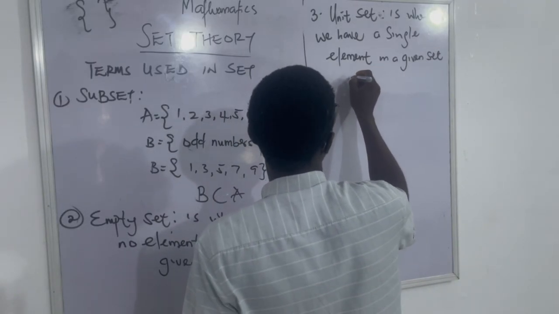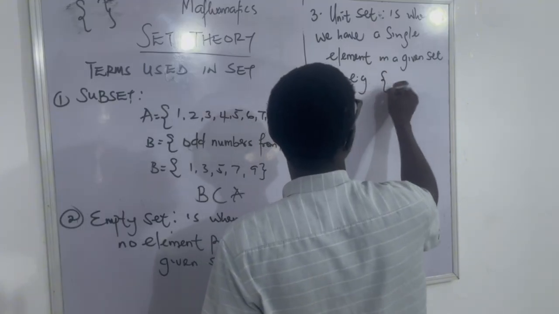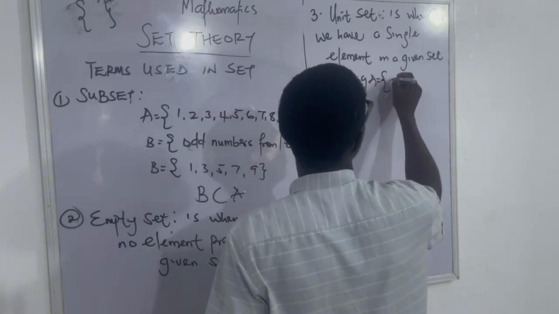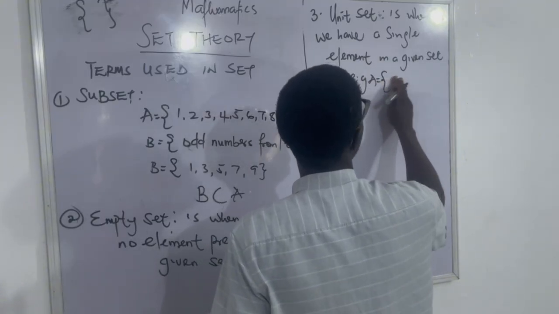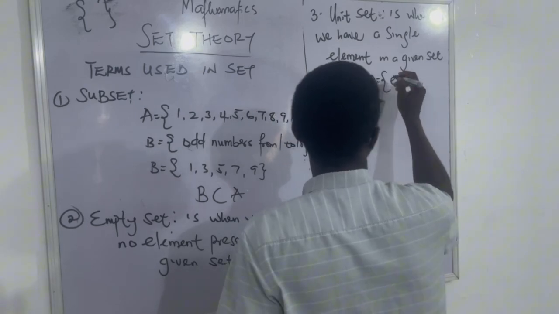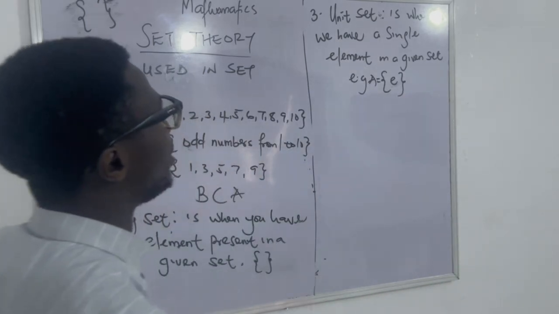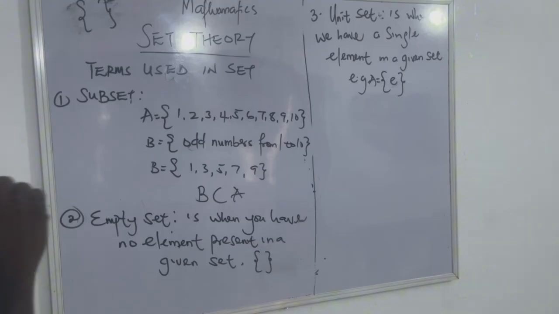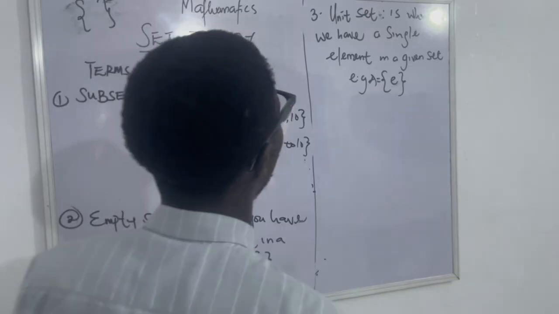So example is, you can say set A contains E. So E there is a unit set, because it's just a single element.